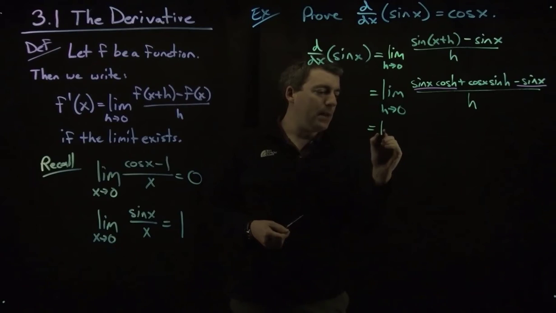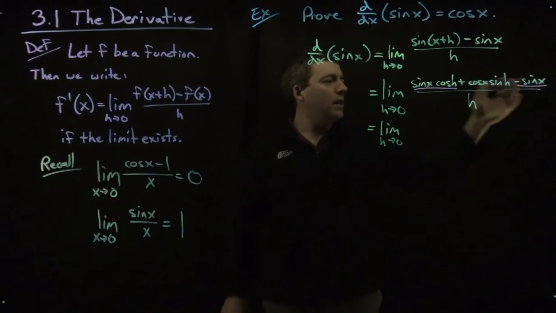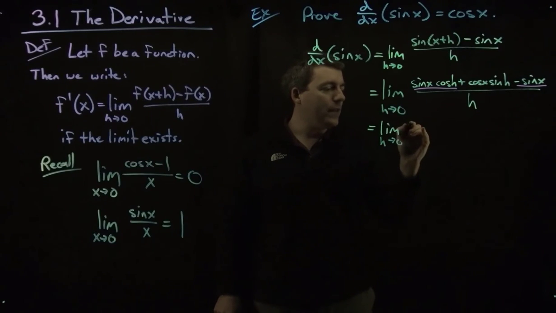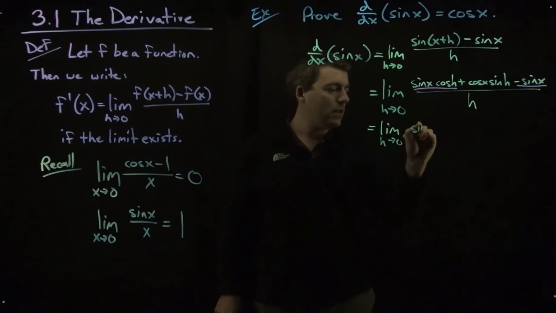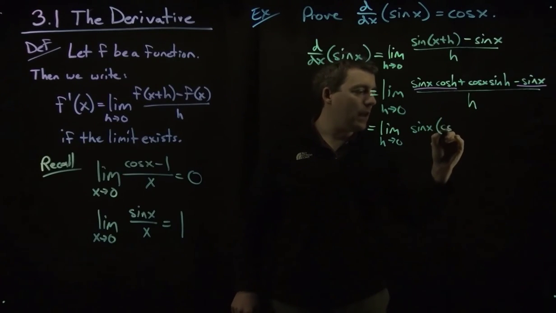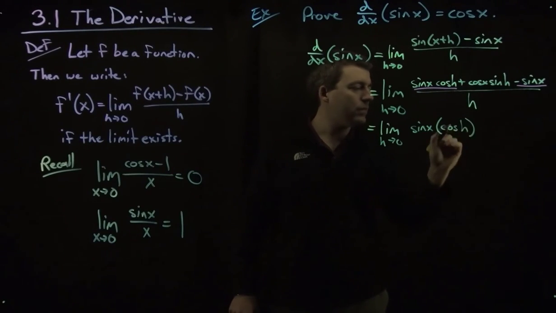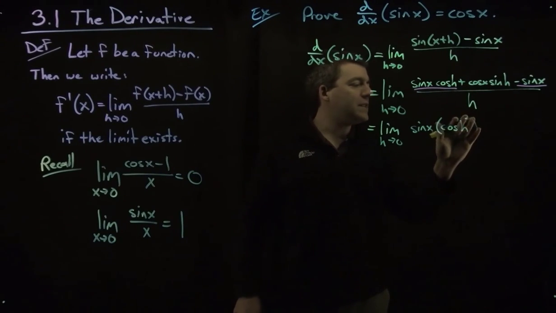So we have the limit as h goes to 0, and I'm going to factor out that sine of x, and we'll be left with cosine of h minus 1.